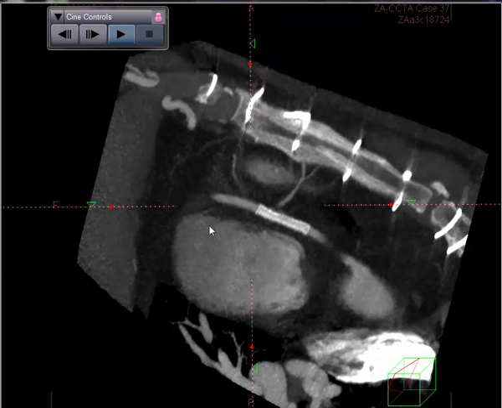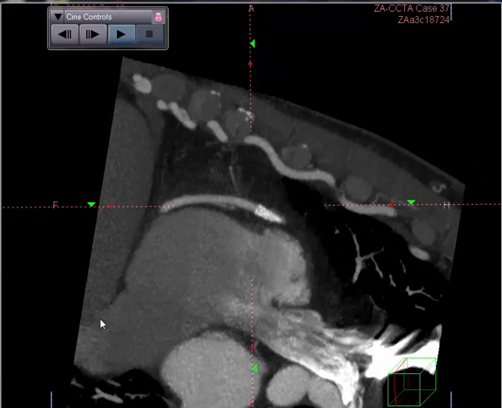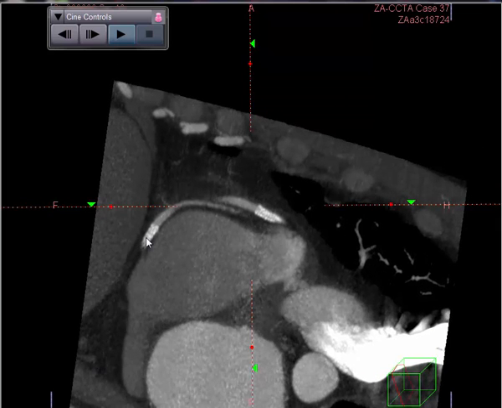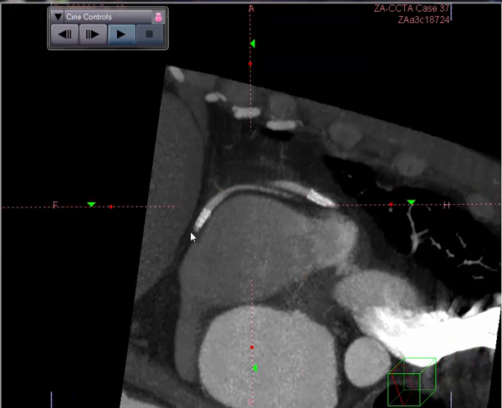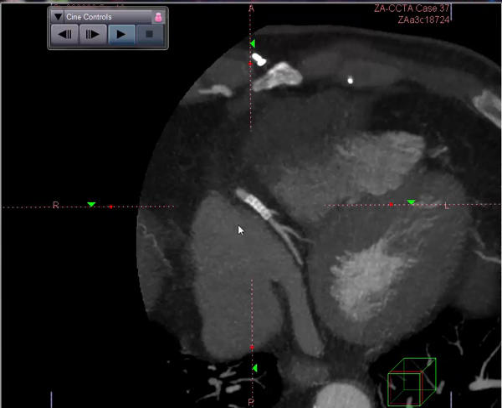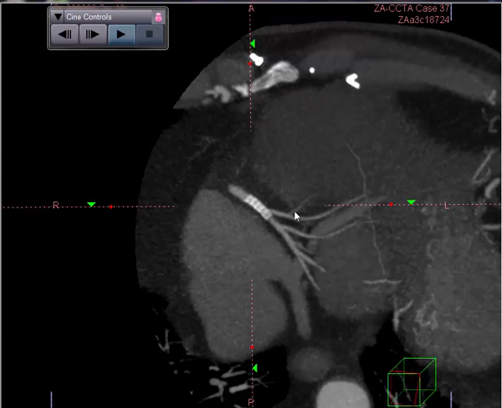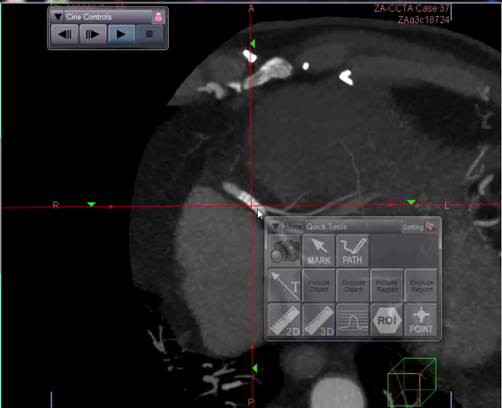I'm going to switch back to a 5mm MIP and proceed all the way down. I can follow this graft all the way down. There's another stent here in the inferior distribution of this graft. I'm going to switch to a foot view, and I can see there is good flow now down into the PDA. If I wish to look at this graft, this stent, it's a little bit smaller.